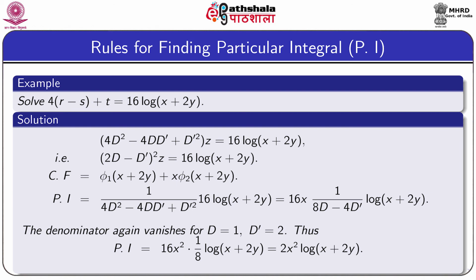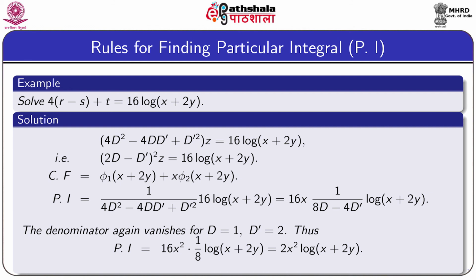So, this is a second order linear partial differential equation with constant coefficients, but the right hand side is some function of x plus 2y. So, in this case we can see that the complementary function, since there is a repeated root in capital F, can be written in this way: phi 1(x plus 2y) plus x phi 2(x plus 2y).